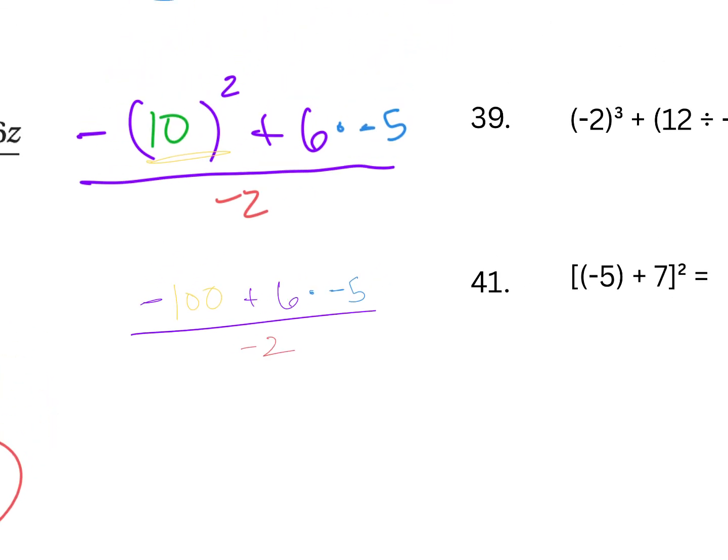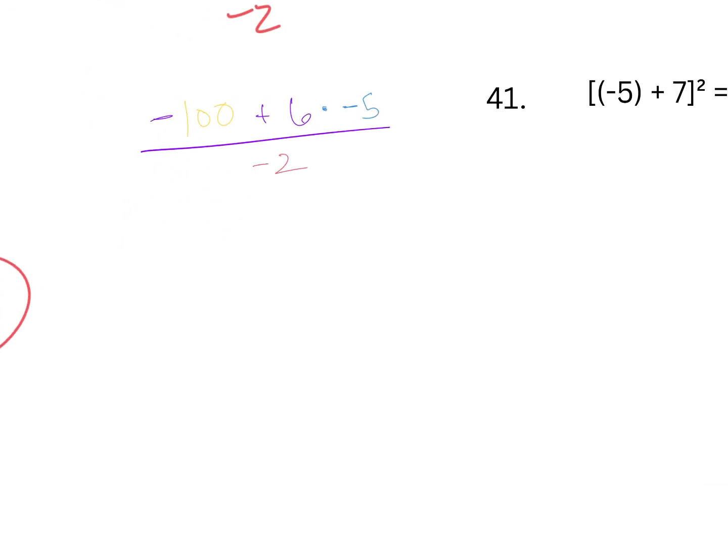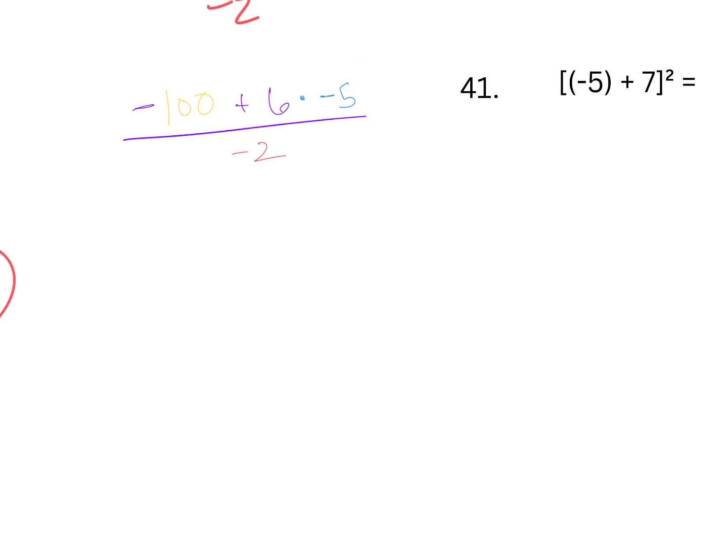If you need to pause, because I've kind of shifted that off the screen, pause, go for it. Negative 100 minus 30. Positive 6 times negative 5 is negative 30. All over negative 2.